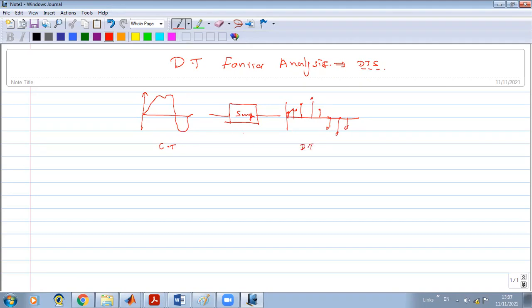It is an additional process, no? But this process has some advantages. So can you tell one or two advantages why we are converting this continuous time signal into a discrete time signal? Can anyone tell?